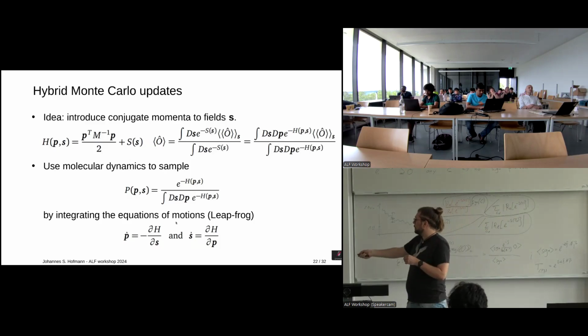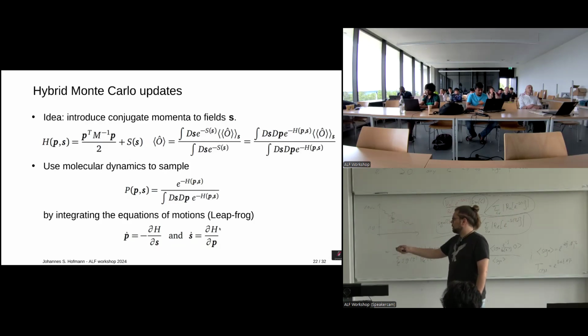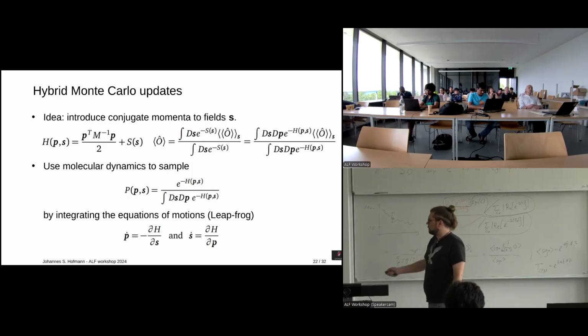We use the equations of motion. We interpret this as a Hamiltonian and change the momenta by the derivative with respect to the field, while the field changes by the derivative with respect to the momenta, up to the minus sign.